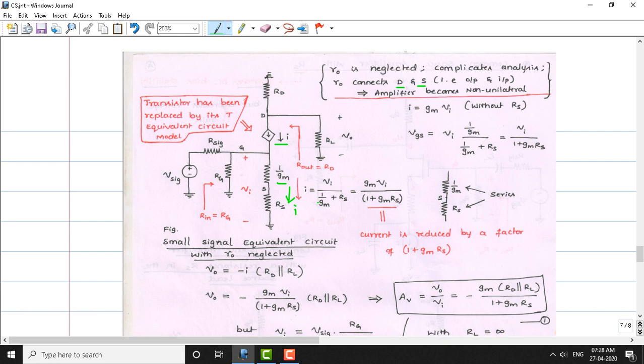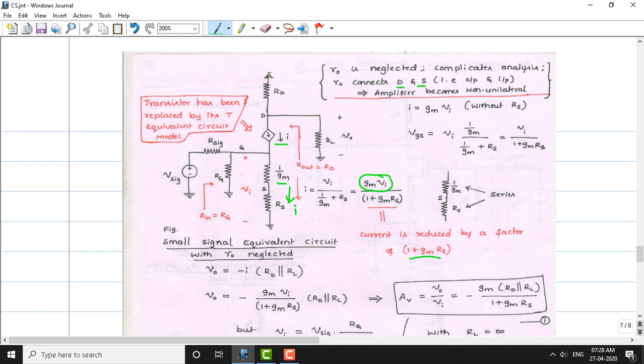This shows that the current is reduced by a factor of 1 plus Gm into Rs. We have also seen the I expression without Rs. Without Rs, the expression for I was Gm times Vi. There we don't have this denominator, but the moment you add the resistance Rs, we have a denominator term 1 plus Gm into Rs.